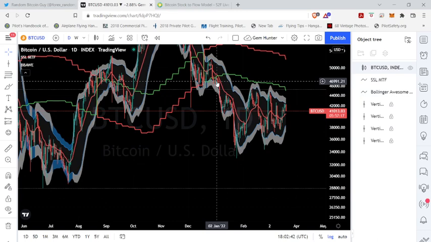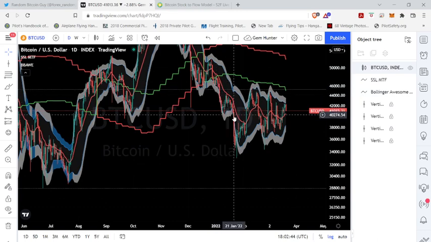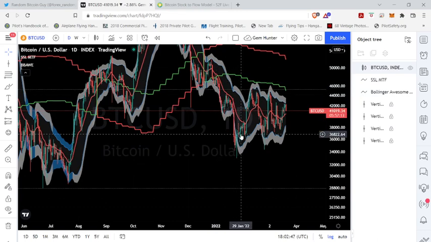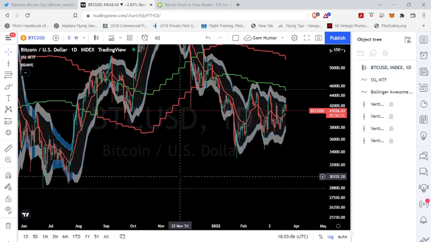When we're down below the SSL, now we have more down hourly candles than up, so we want to be more aggressive when we're buying on the hourly or the daily. Or even weekly. You can even do this weekly, but it's going to be a lot rougher and messier than on the hourly or the daily. So clear as mud, right?